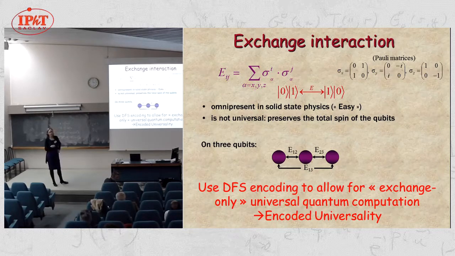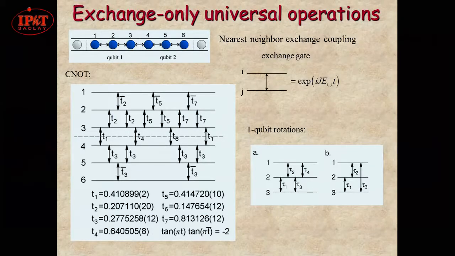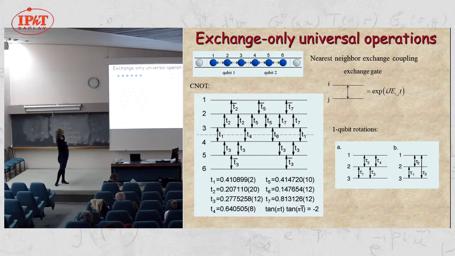But as a benefit, we obtain that all we need to do is apply the exchange interaction. And so this is the one idea that we put into this Nature paper that we wrote. And again, we had this gate sequence of 19 gates to apply a C-naught. Here are the sequences that could apply single qubit rotations depending on these tau 1, tau 2, tau 3, tau 4. And this was the general idea, basically.